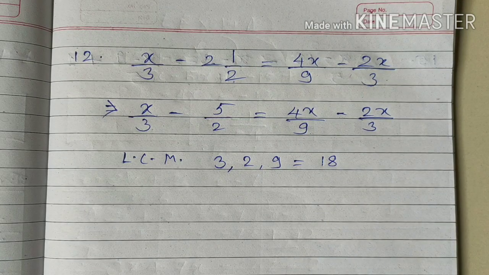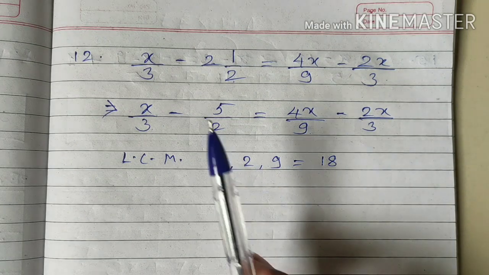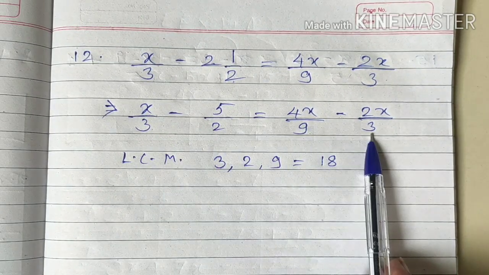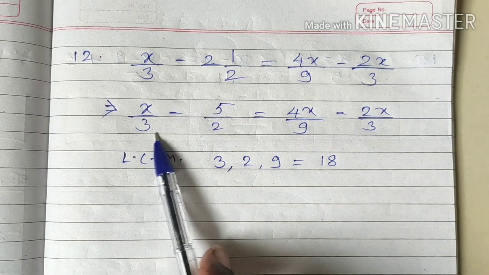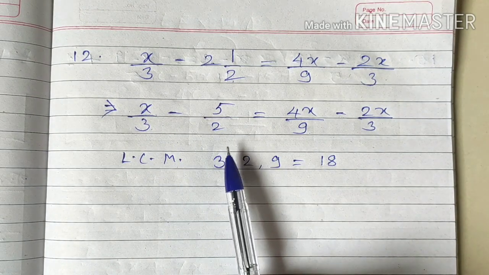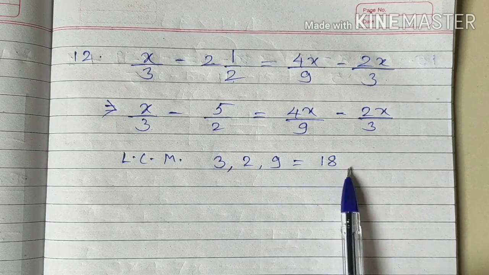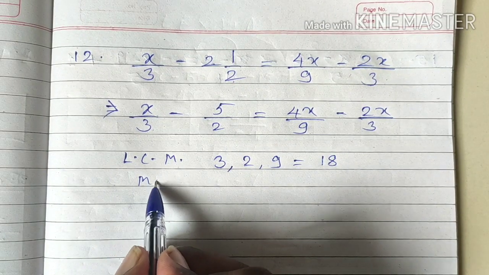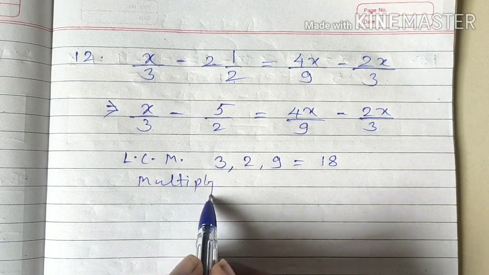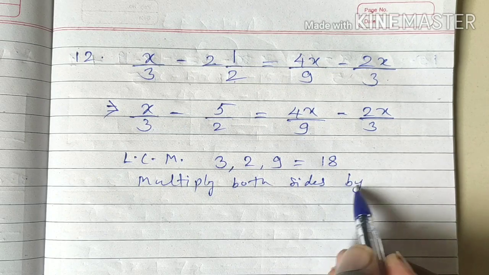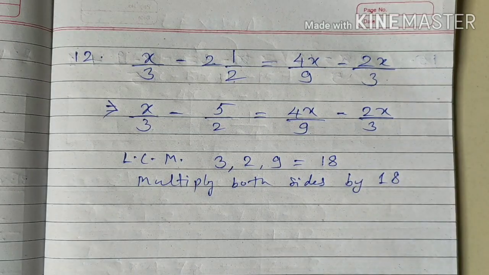Okay, so whenever such type of denominators are there, we are going to cancel these denominators by multiplying with the LCM of their denominators. So let us multiply both sides by 18.